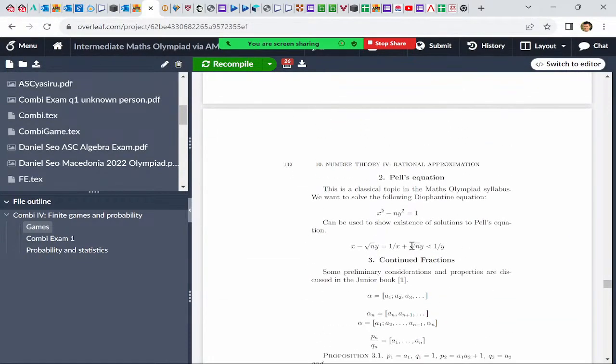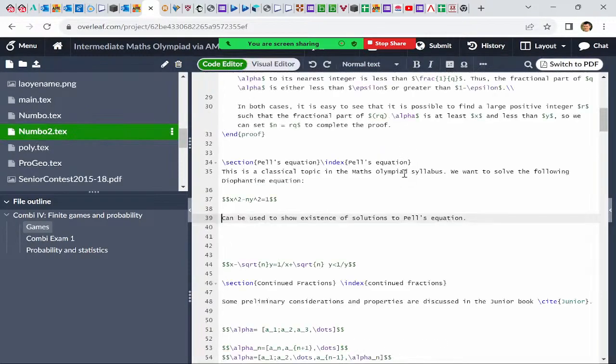So this is essentially this. So you have Pell's equation here. And so if you rewrite this, you get, so this is actually obviously greater than 0 as well.